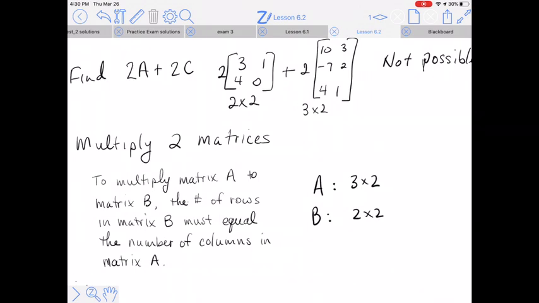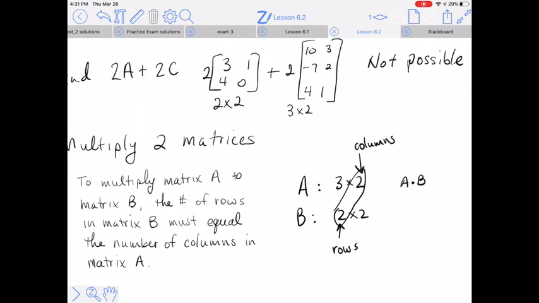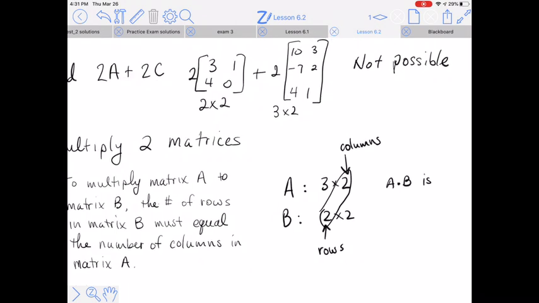Now obviously they're not the same size, but the number of rows, because remember we always measure a matrix rows and then columns, so the number of rows in matrix B has to equal the number of columns in matrix A. So since these two numbers are the same, A times B is possible, and I'll show you here in a second how to find that.